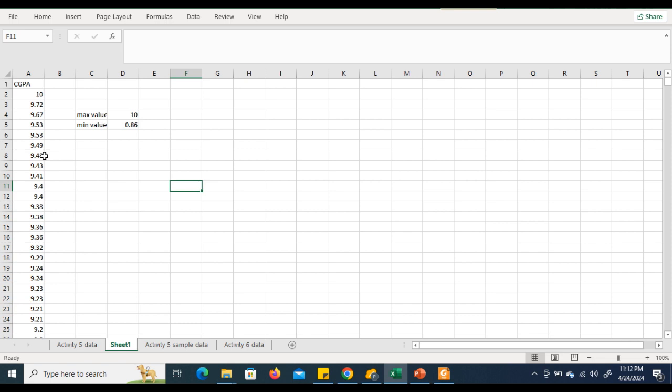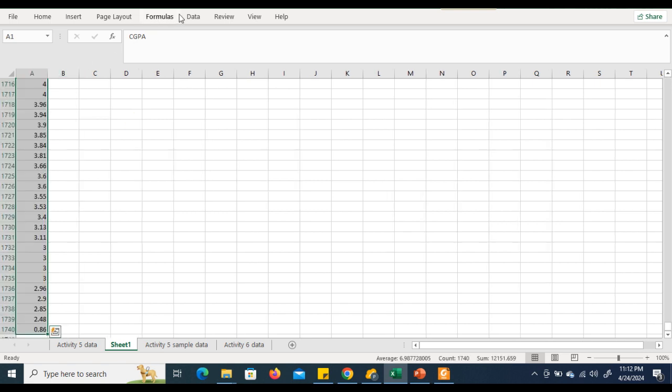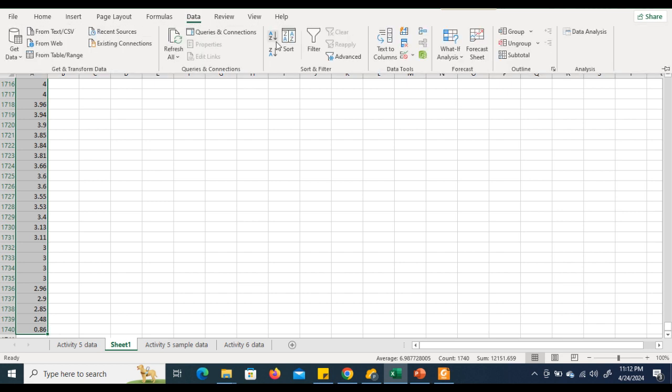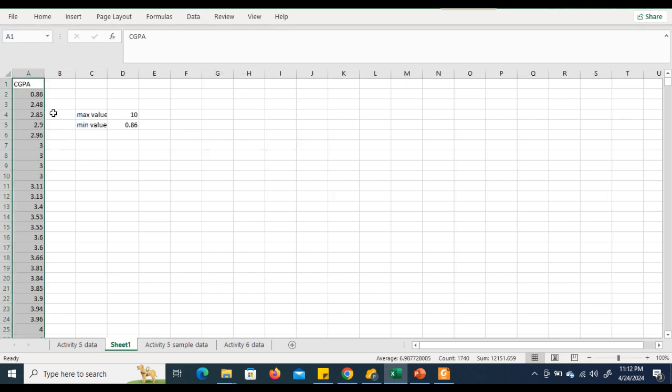For that, we need to convert this data into interval form. To do so, we first need to decide the width between two consecutive points. If I arrange the values in increasing order, from 0.86 up to 10, basically the data is from 0 to 10.